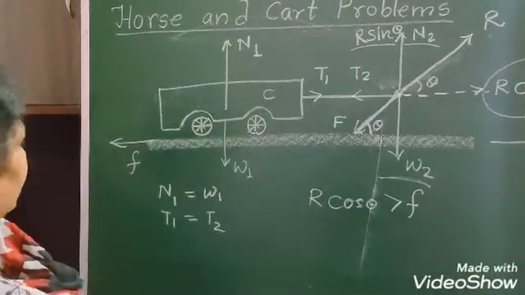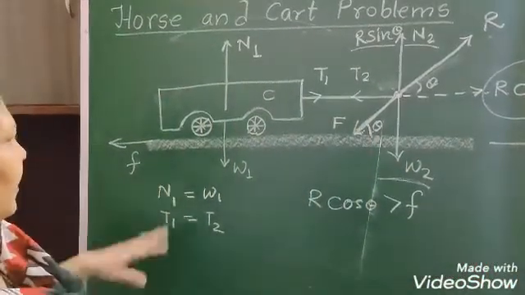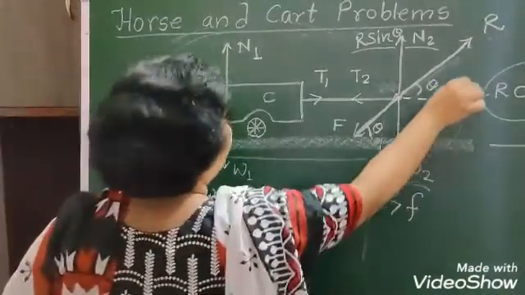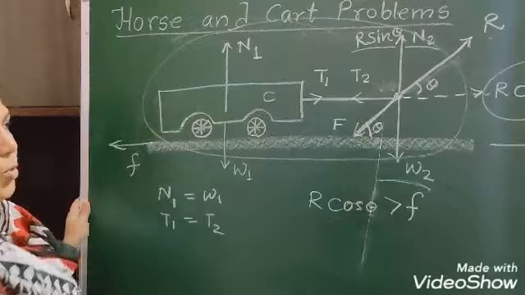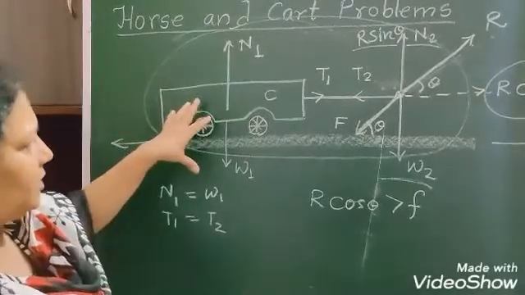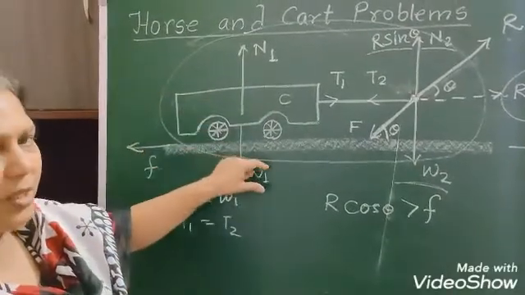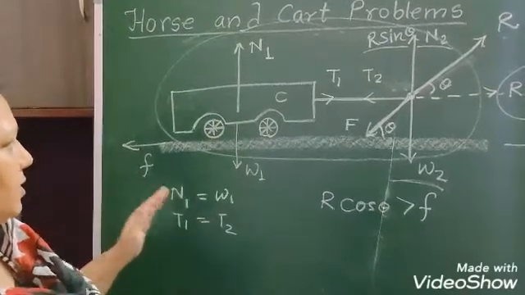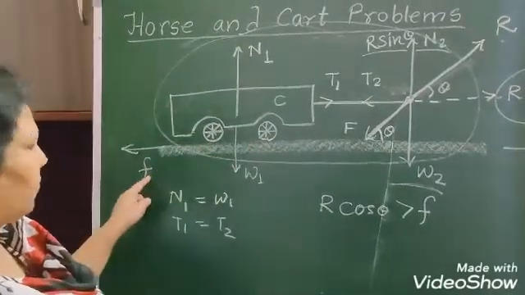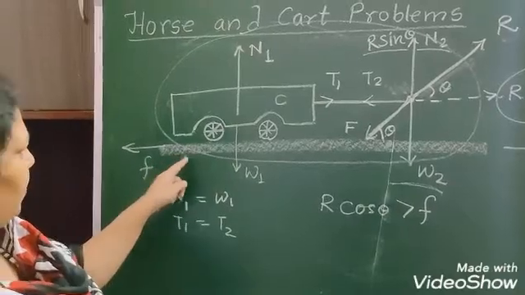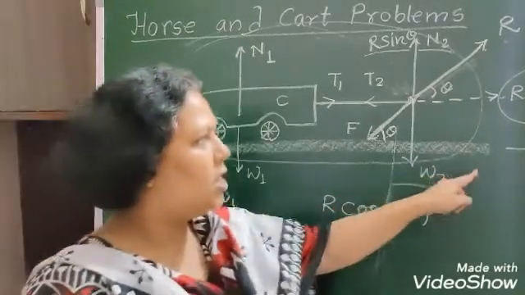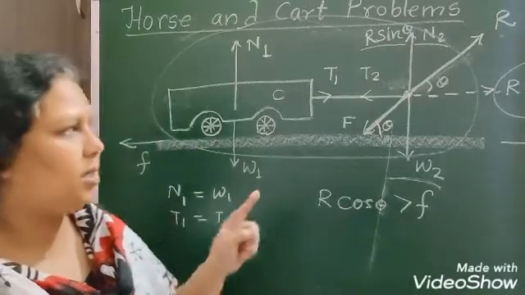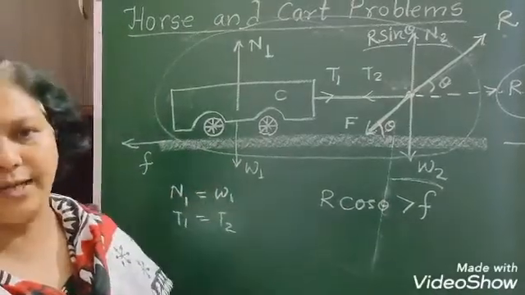The friction force works between the system, taking the cart and the horse together as a system, and the ground. This is small f, in the opposite direction of the motion. So when R cos theta is greater than f, only then will the cart move in the forward direction.